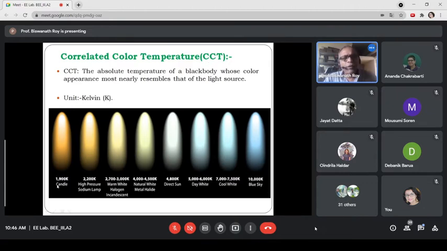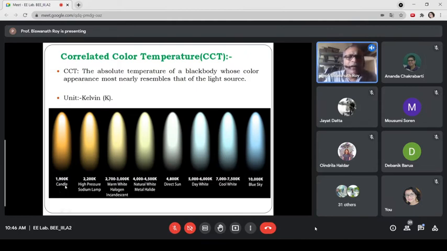So we know that whenever we heat up any metal rod at lower temperature, it emits red. And if we keep increasing the temperature of the metal rod, the color actually shifts from red, then yellow white, then white, then bluish white, like this.